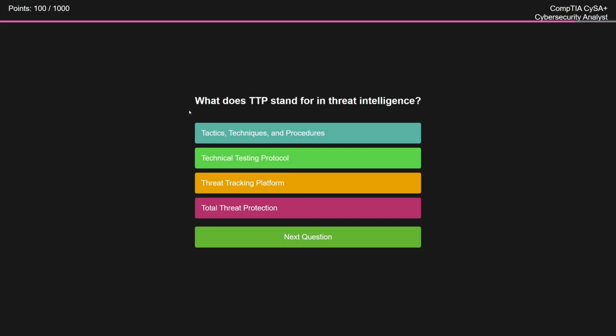Okay, next question. What does TTP stand for in threat intelligence? Tactics, techniques, and procedures. Technical testing protocol. Threat tracking platform. Total threat protection. I already know which one's right, so that's going to be tactics, techniques, and procedures.